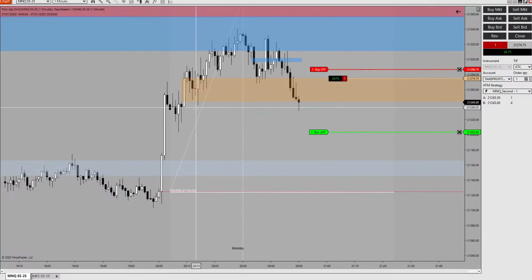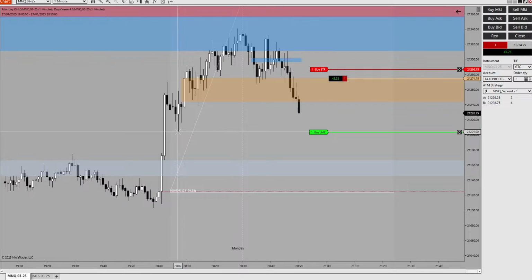It has taken the minor sell side liquidity below this low, but we still have a larger liquidity pool below this one. This gap remaining open is a good signature that it can extend down to this one.